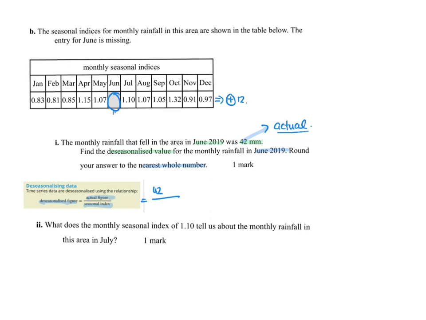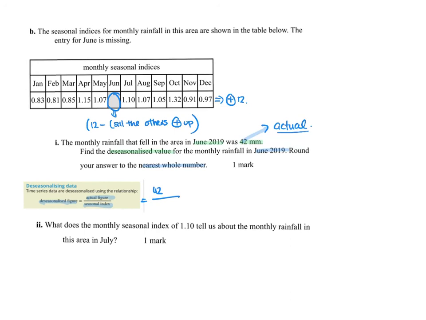So to find June, it would be 12 minus all the others added up, which ends up being 11.13.